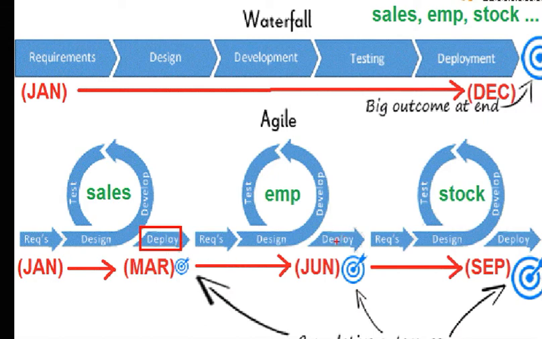And one more thing, the chances of failures are less. In the waterfall model, we try to deliver a complete project at once, but in Agile, we deliver a part. So the chances of failures are less.